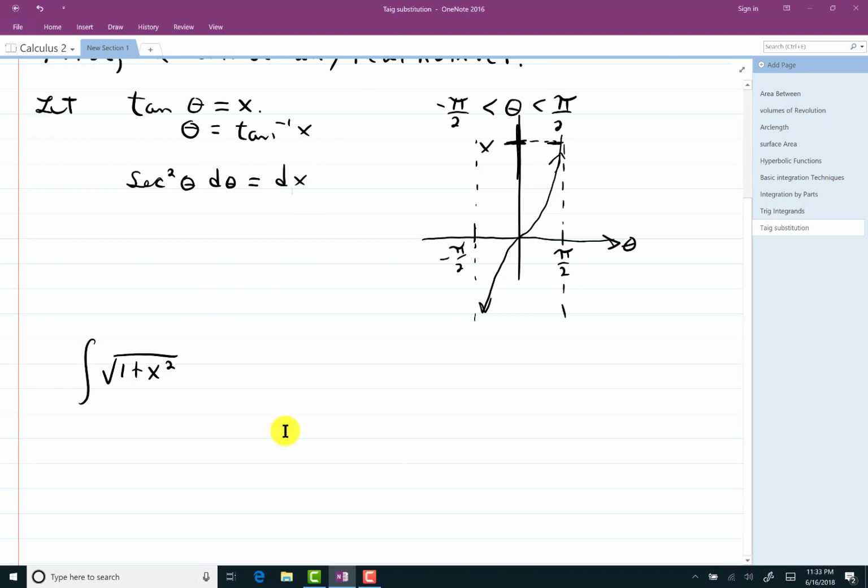So I will replace that as well in the problem. So let's see what happens. 1 plus, now instead of x, I'm going to put tangent of theta, so we have tangent squared of theta. And then instead of dx, I'm going to have secant squared theta d theta.